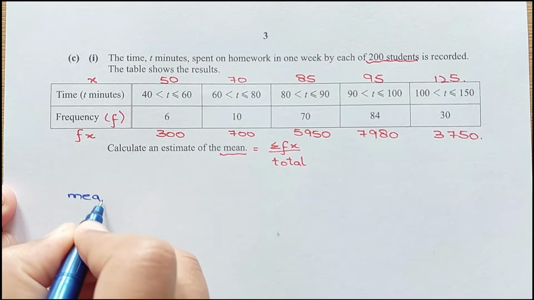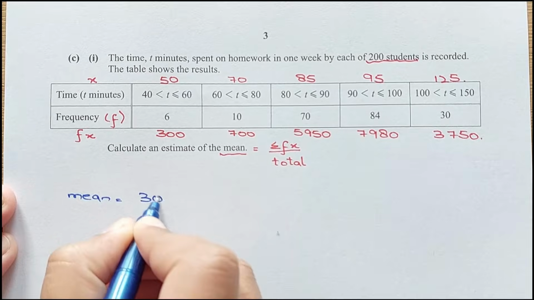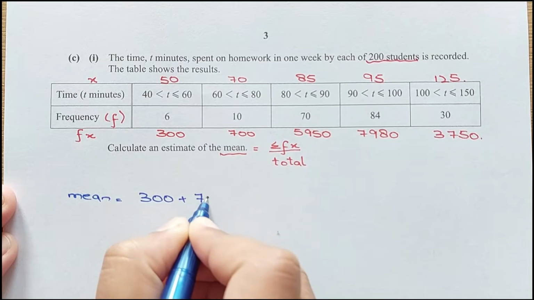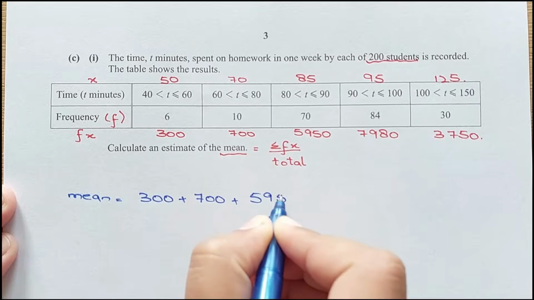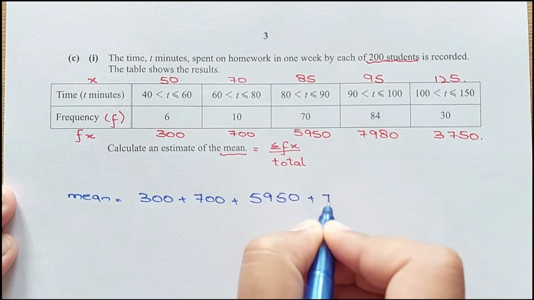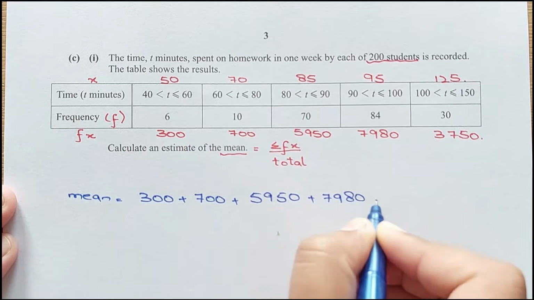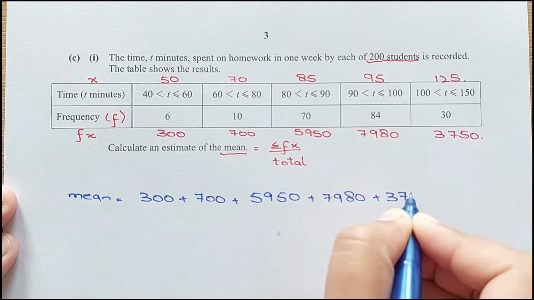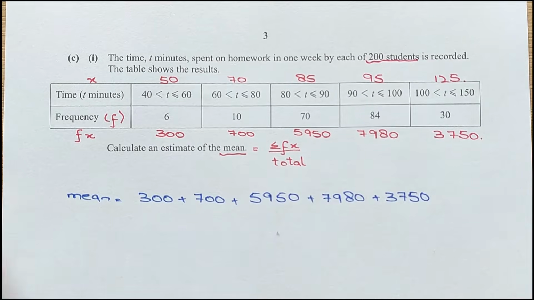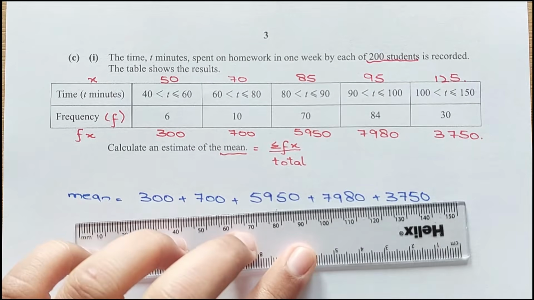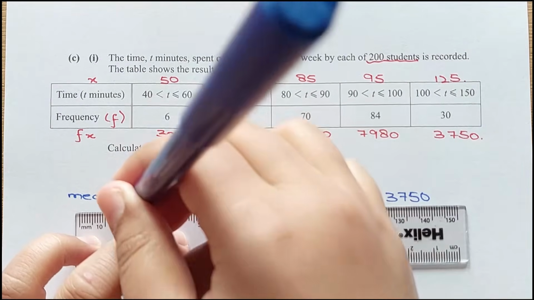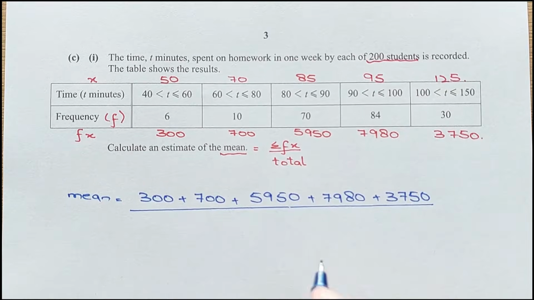So the mean is 300 plus 700 plus 5,950 plus 7,980 plus 3,750. Now this is going to be divided by the total number of students, and the total number of students given is 200.